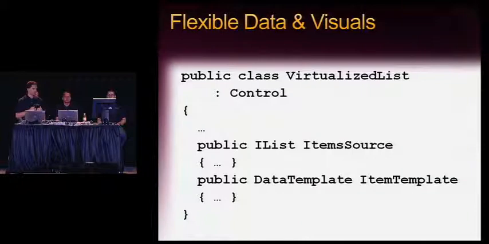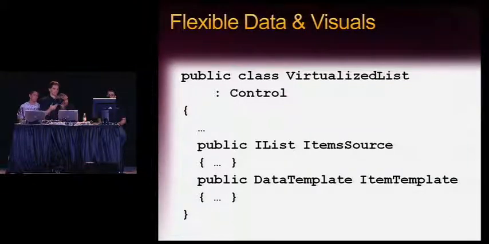What it does, it basically takes 2 inputs, the collection of data and an item template. So the list itself doesn't know anything about what the data is or how it should be represented. Those are inputs. All it knows is that it has a collection of data and it has an item template that defines the visuals of the item.